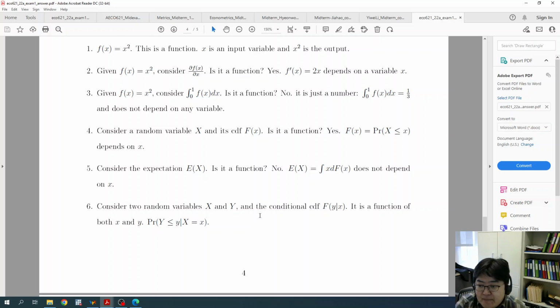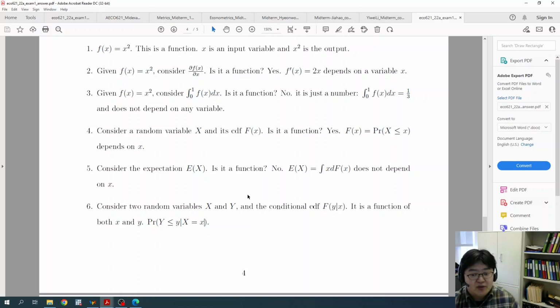Then, now consider conditional CDF. F of y given x. It is a function of both x and y because it changes depending on x. So if it does not change, that means x and y are independent.